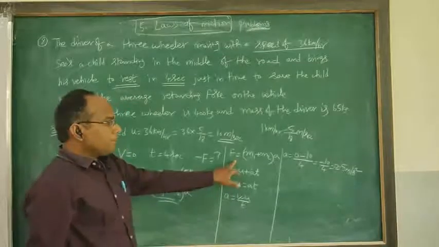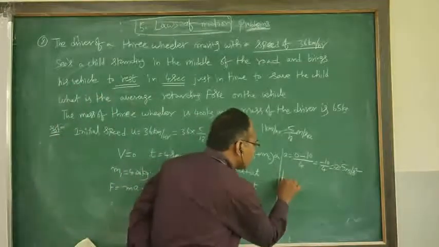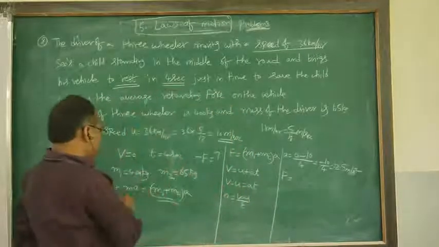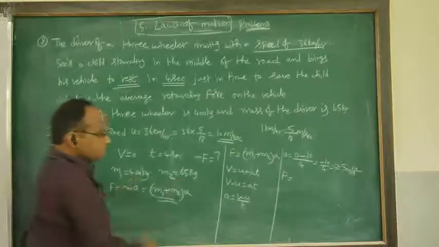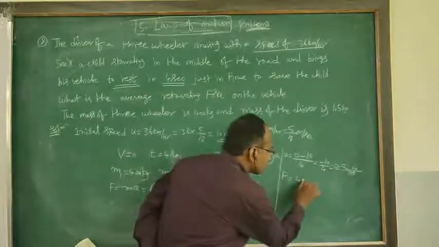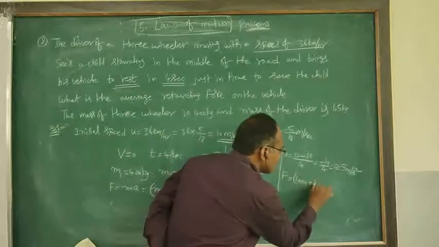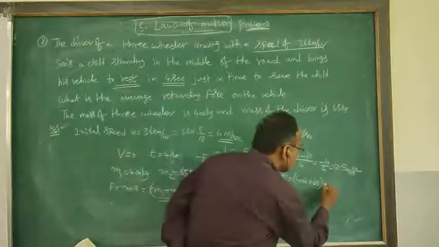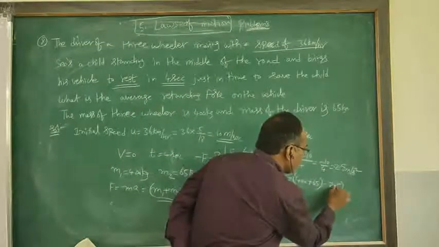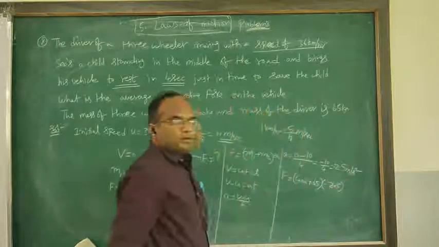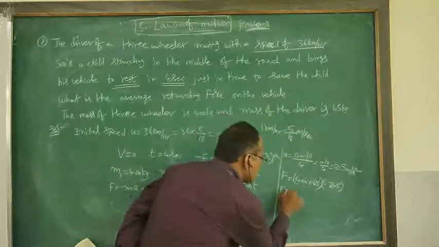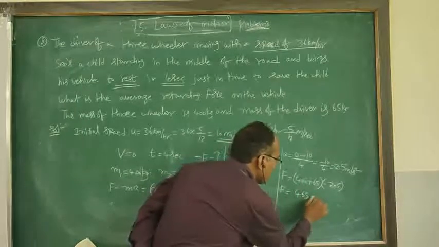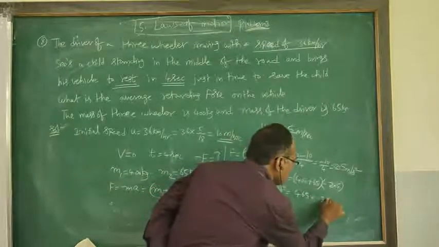Now that you have the acceleration value, I should apply the force. So F is equal to M1 plus M2, that is 400 plus 65, into A, which is minus 2.5. So F is equal to 465 into minus 2.5.